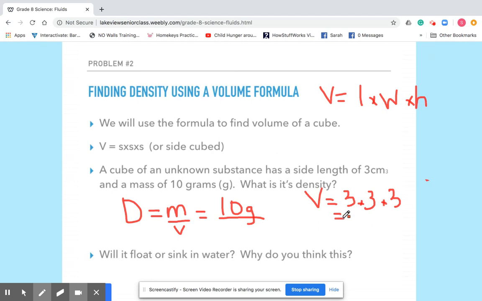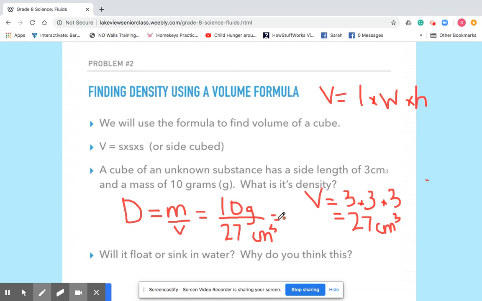I want everyone to go 3 times 3 times 3. So we get a volume of, everyone should have on their calculators, 27 cubic centimeters. So that's our volume, this centimeters cubed. So we're going to put that on the bottom. Centimeters cubed. Perfect.